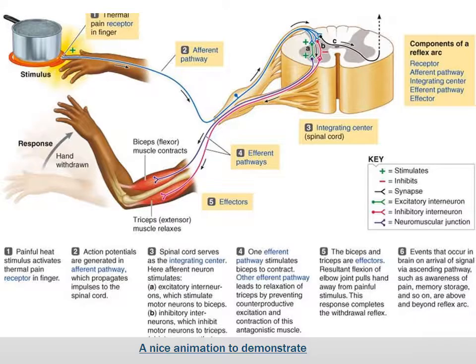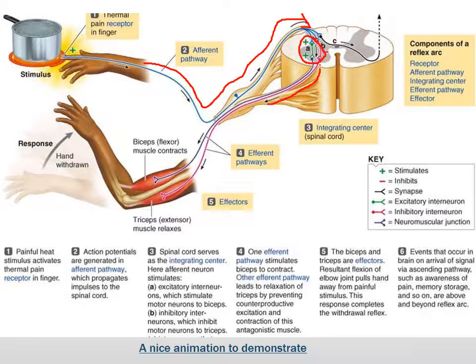Okay, so it's the same idea, but just a different picture. If I touch the hot element, it's going to send it along the afferent pathway. So it's going to be coming this way, and it's going to head into your spinal cord. Once it gets to your spinal cord, the message is going to be received by our interneurons. Our interneurons will sense that the receptors are saying that that is hot and we need to remove our hand.